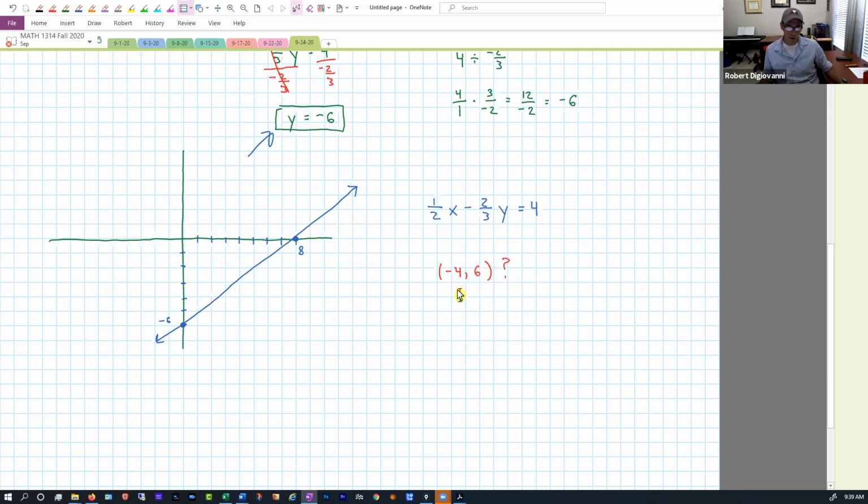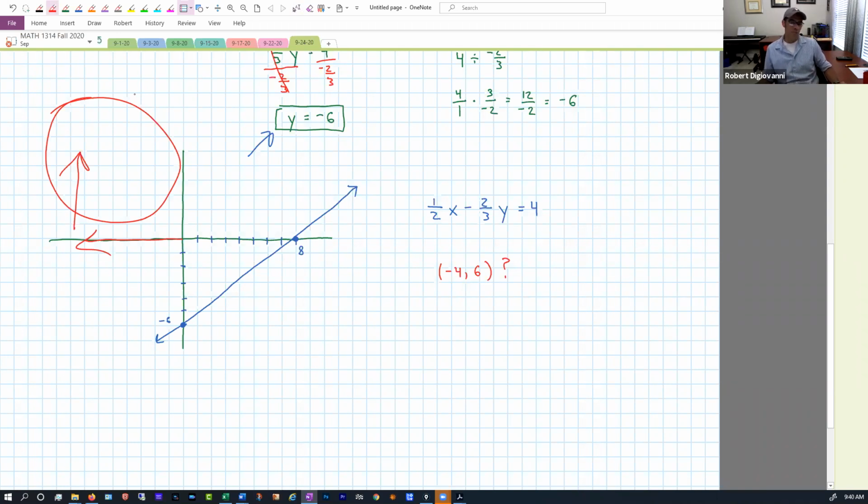Is it possible that this is an answer? So think about where this point is. It has a negative x coordinate and a positive y coordinate. A negative x coordinate means that you're over here somewhere, and a positive y coordinate means you're up here somewhere, right? So we're talking about a point that lives over here. There's no way that that could be an answer. And that's why the graph is kind of useful.